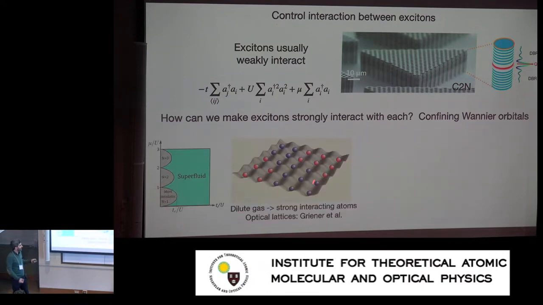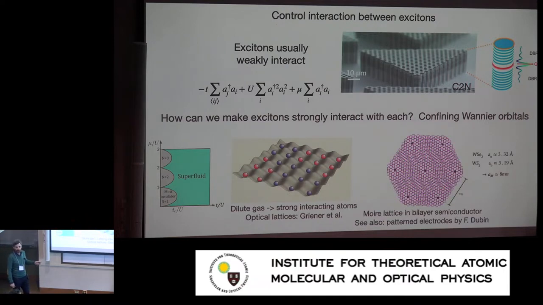This is actually a very familiar story for folks in cold atoms. Atoms interact weakly with each other, you put them on an optical lattice, and then you enhance basically the interaction. Here it is the same. So if I now confine my excitons using a superlattice structure, here it would be a Moiré superlattice, then you should expect the same thing.